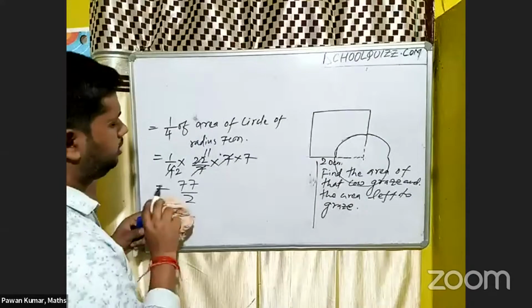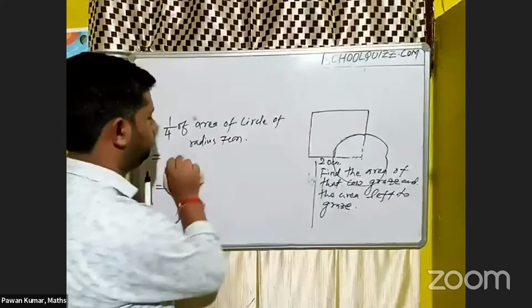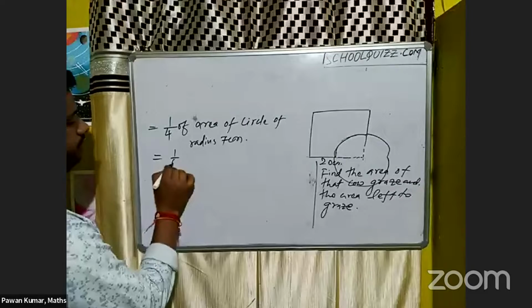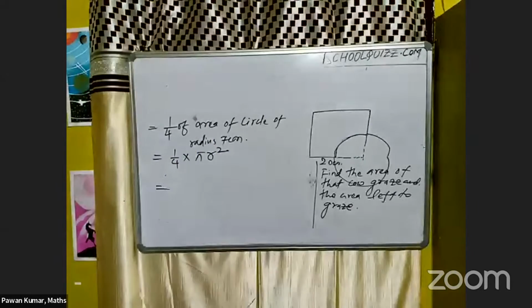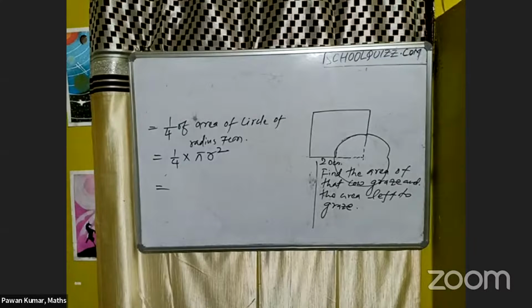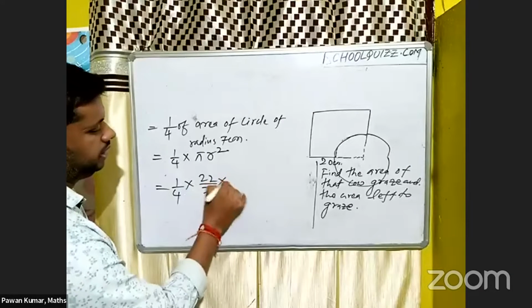Sir, why 7? So 77/2, 38.5. Why 7 means, I add one more line. So 1/4 into π r square, area of circle. Yes sir. So 1/4 into π का value है 22/7 and r value is 7.